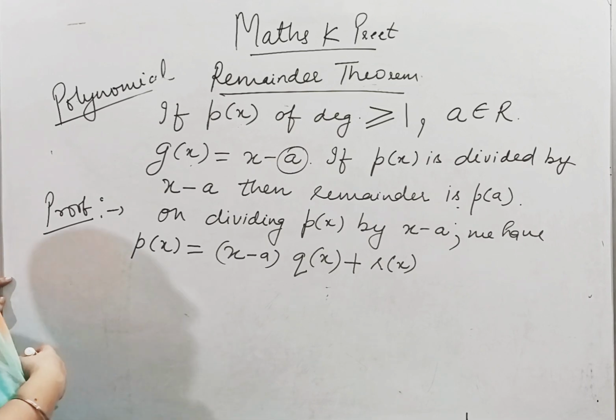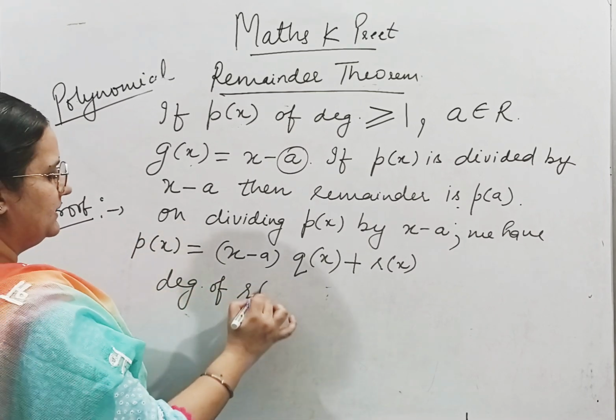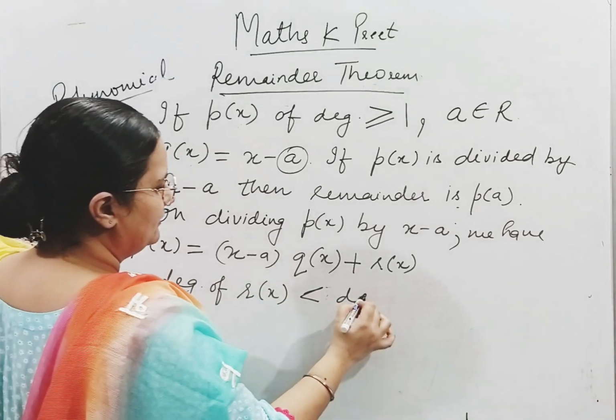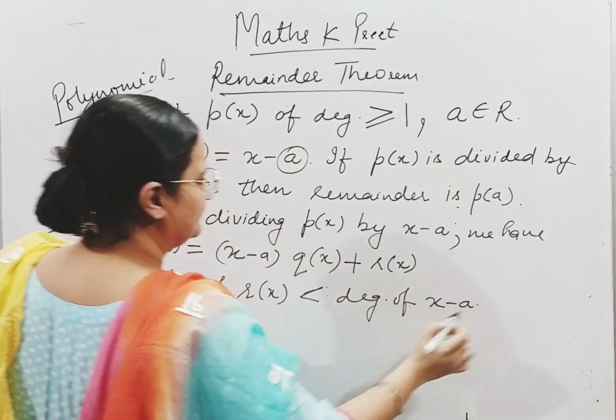So clearly, in the long division method I have told you that the degree of this remainder will always be less than the degree of this divisor, that is x minus a.